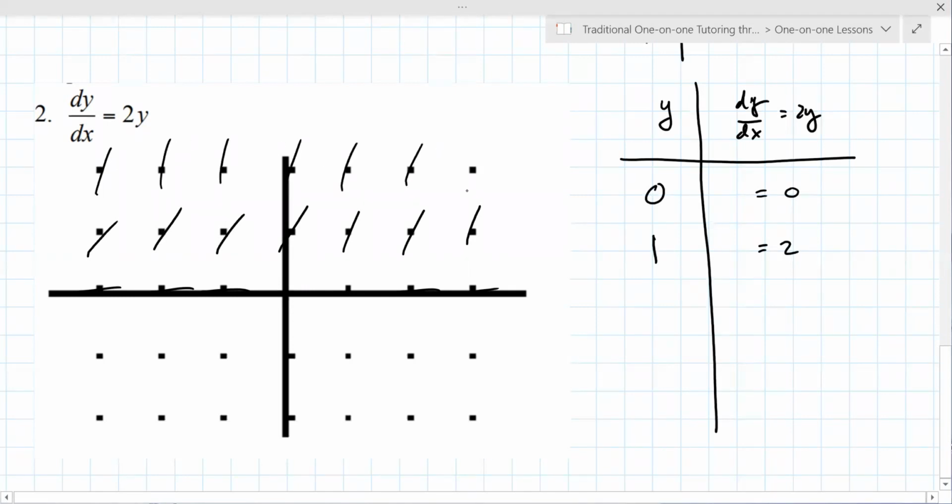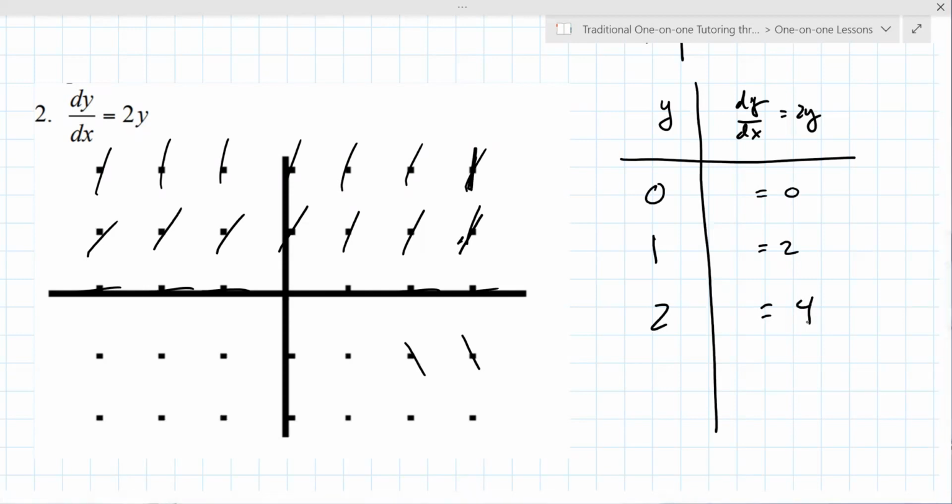Wait, so it's more upright at 4? Yes, it's steeper. Oh, wait, I have that wrong, because at 2, the slope is 4. Wouldn't it be less steep? So a slope of 4 is up 4 over 1.